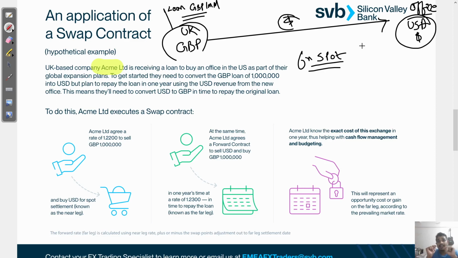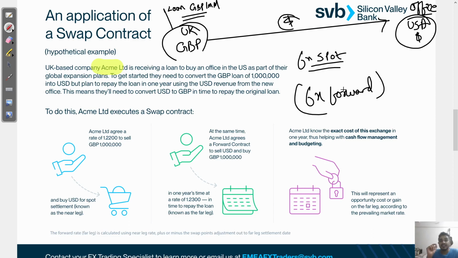So today it can pay for the office in the US, and 1 year later it is getting into an FX forward transaction where it will use the revenue from the office to pay back the lender in GBP. So after 1 year, it is going to sell USD and buy 1 million GBP.